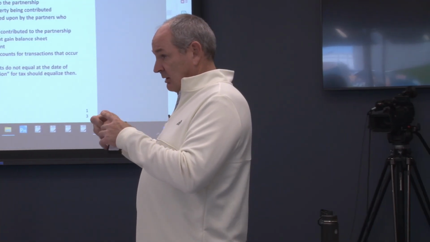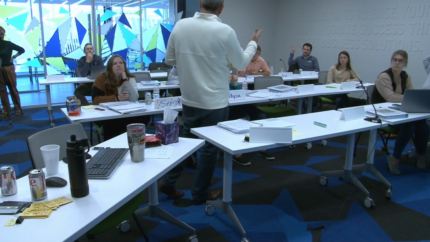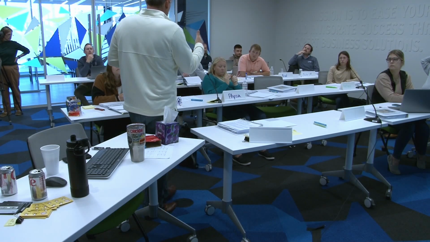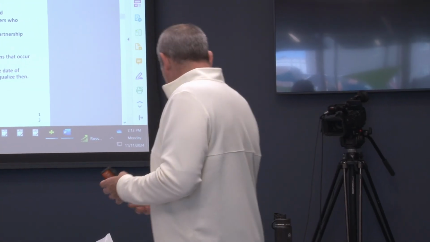The balance sheet itself, what were the three categories of assets that we're dealing with for 704 purposes? Short-term realized, depreciable assets, and things that we will sell in the future. And how do we quantify what those are? We do it by the construction of the 704B and C balance sheet.